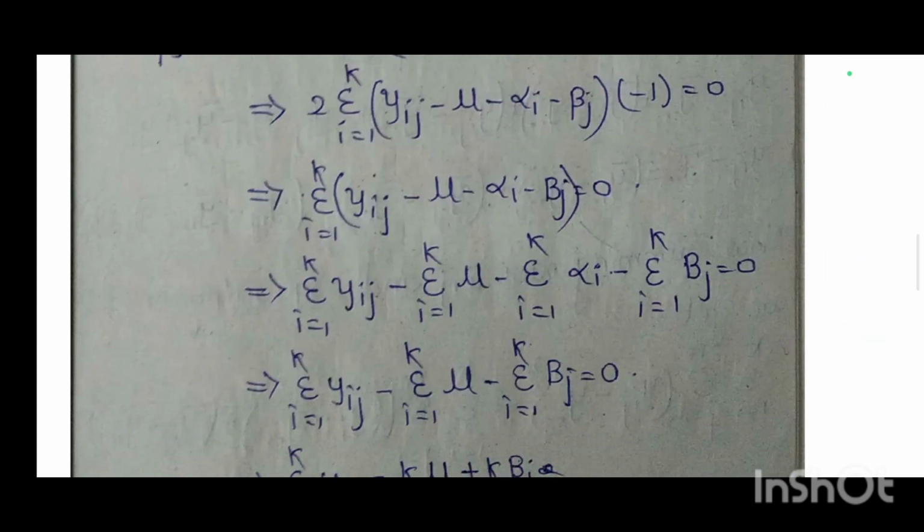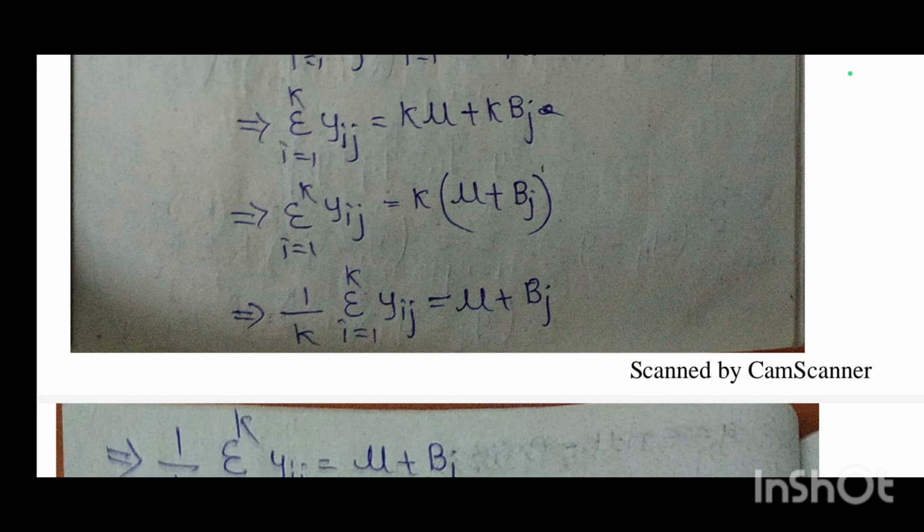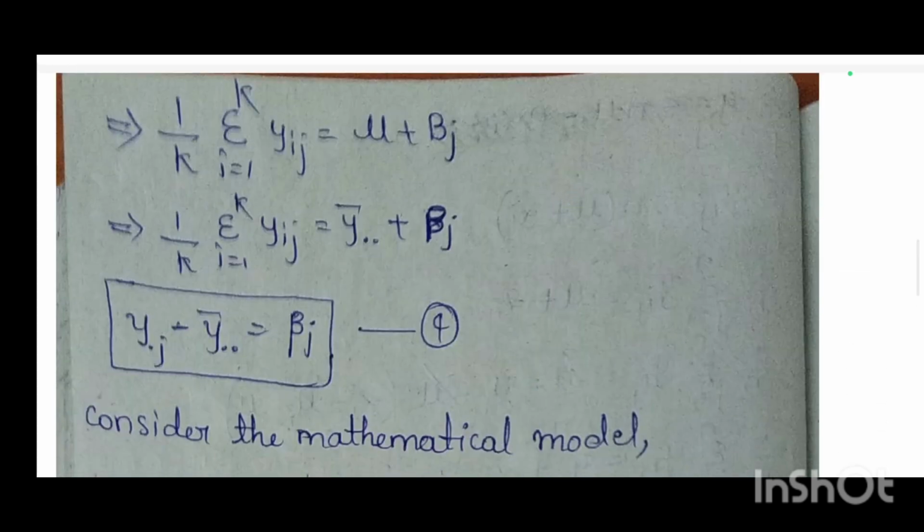So k into mu plus beta j is equal to the double summation, with i running from 1 to k, and then you will get the beta j value from here. So what is our beta j? Here y bar of dot j minus y bar of dot dot is equal to beta j.